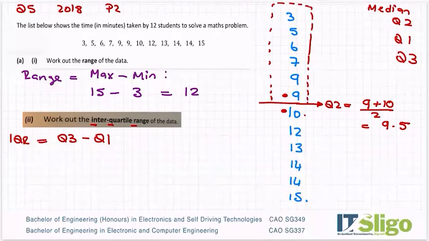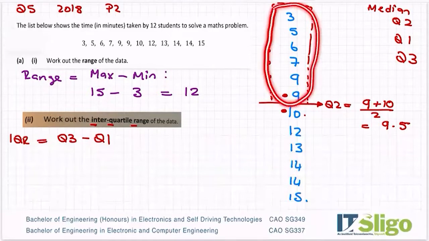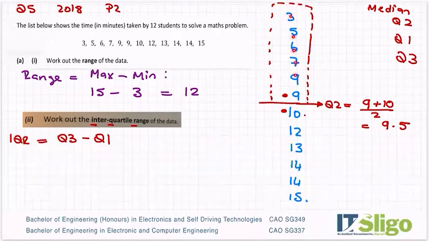Okay, so from where you chopped off your data there at Q2, at your median, now do it again. In other words, you're finding halfway between these two data points. So I do it again. So I have 1, 2, 3, 4, 5, 6 here, so half of that is 3. So I'm going to come down 3, 1, 2, 3, and I get 6. And I'm going to go up 3 from the bottom, 1, 2, 3, and I get 7.